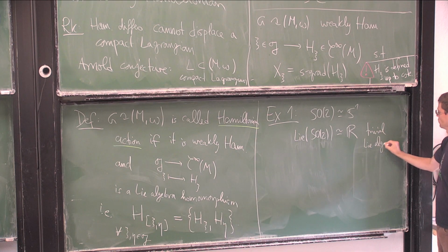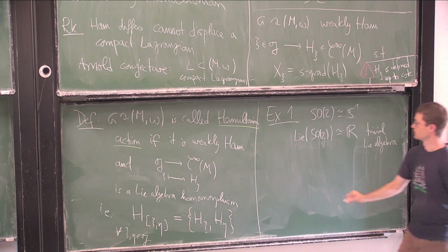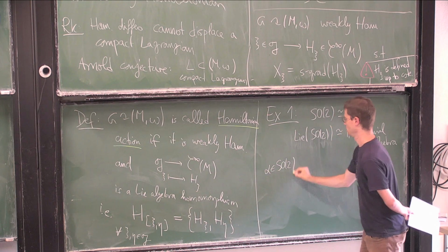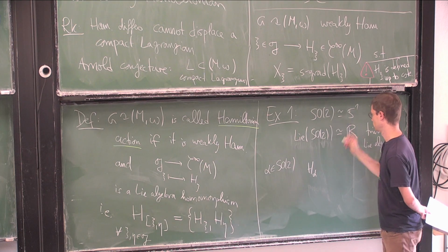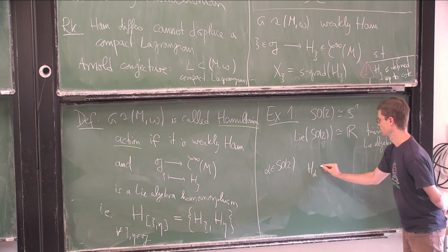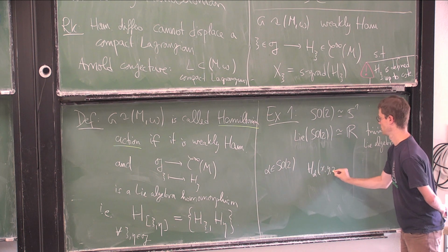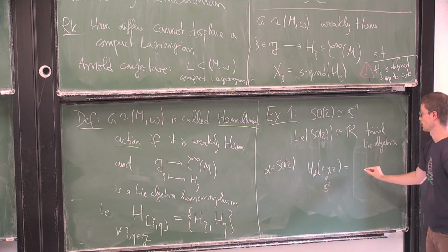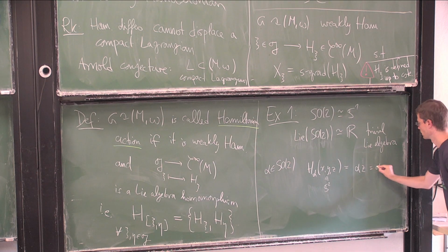There's no bracket which is non-zero. And we saw that when I take an element alpha in the Lie algebra, H alpha of a point XYZ in the sphere is nothing but alpha Z, or alpha cos theta.